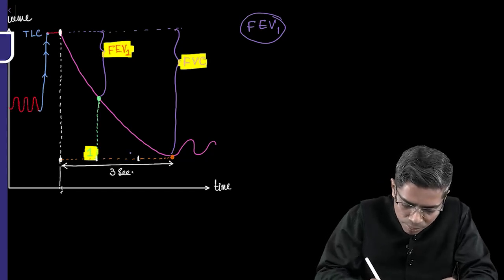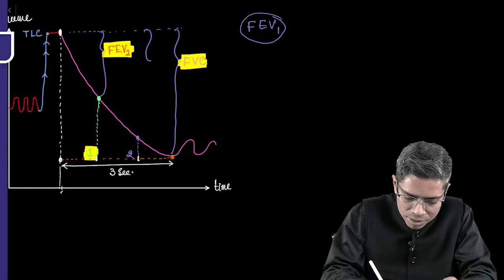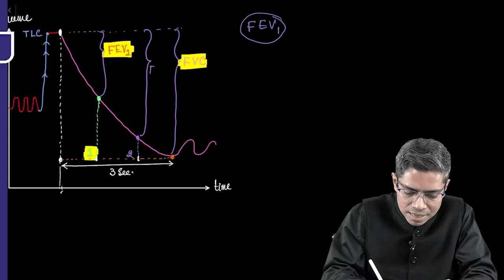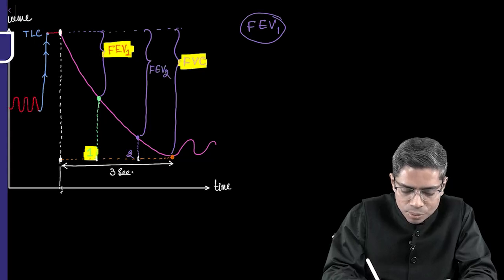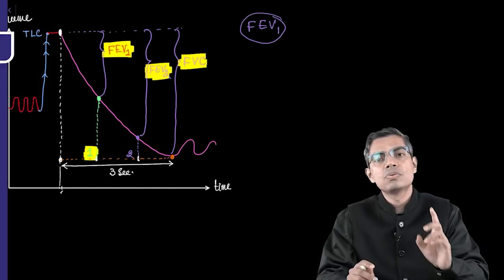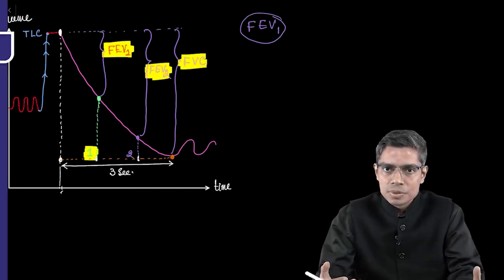Similarly, if I drop a perpendicular from this 2 second point on the curve, and measure the total volume from the beginning up to the end of this maneuver, this will be known as FEV2, the forced expiratory volume in 2 seconds. That is the total volume which the subject is expiring within 2 seconds.